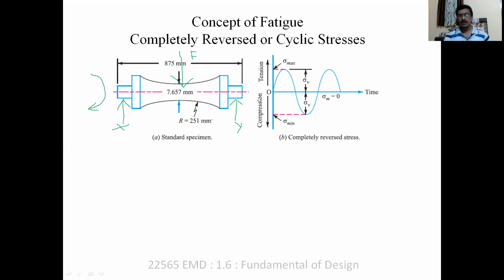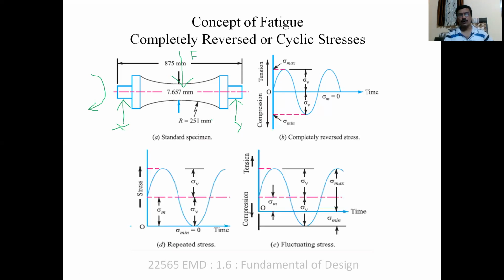Now if such a condition occurs, it is called completely reversed. Completely reversed means the force is applied exactly at a point, and it is rotating. That's why there is completely tension, again completely compression type of stresses. Or there may be a condition like this, which is called repeated stress.